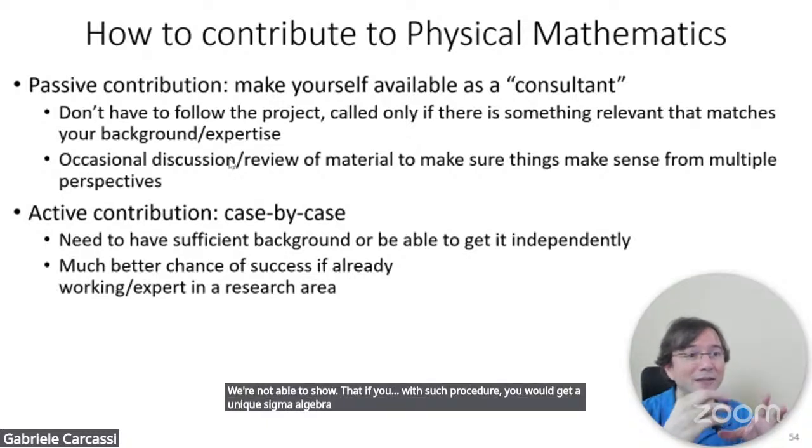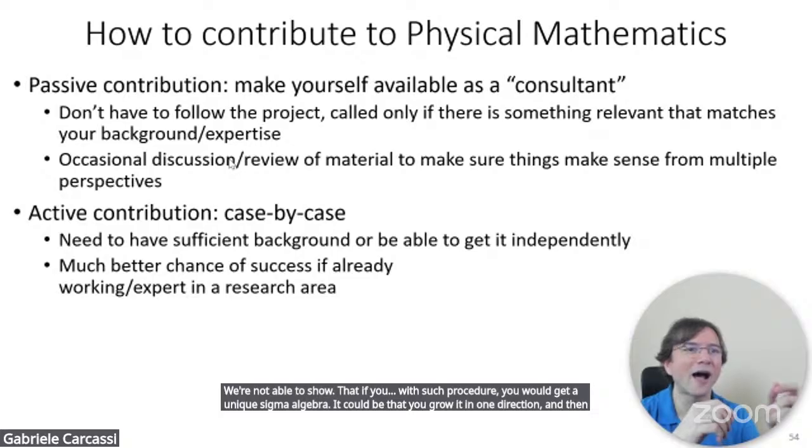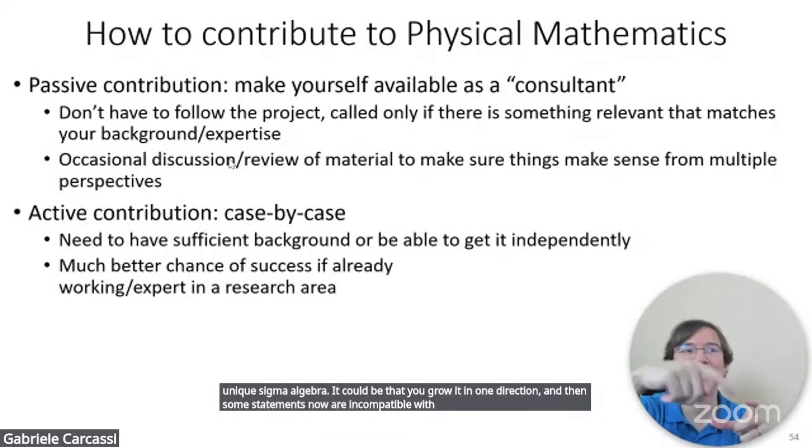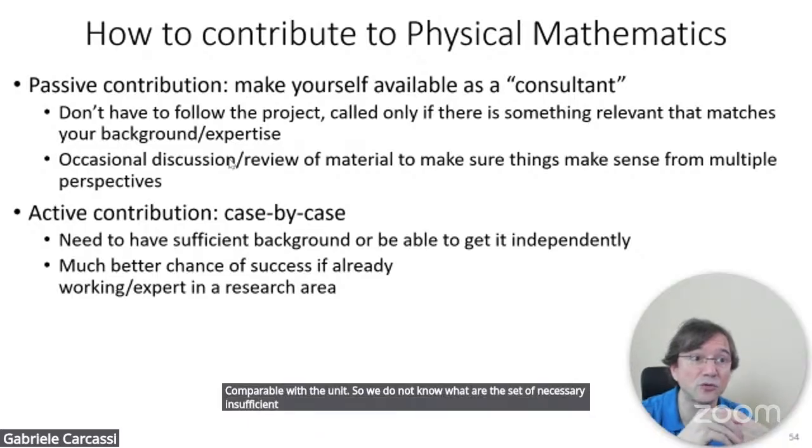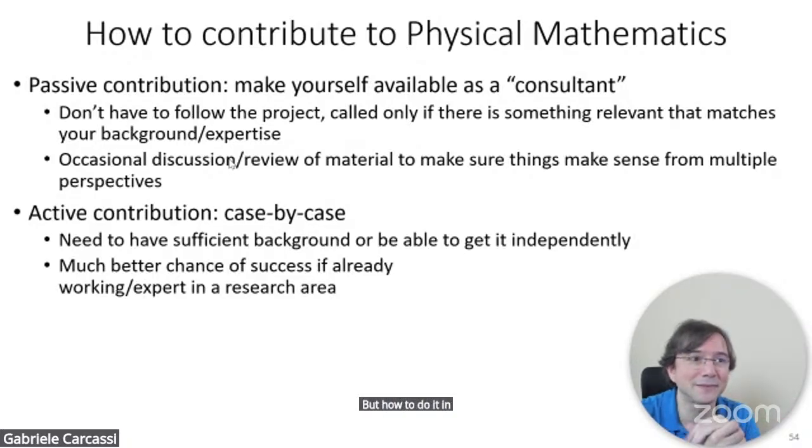It could be that you grow it in one direction, and then some statements are now incompatible with some other statement, though they were still comparable with the unit. So we do not know the set of necessary and sufficient conditions to define that sigma algebra. We have some intuitive ideas in simple cases, but how to do it in general is not completely clear.